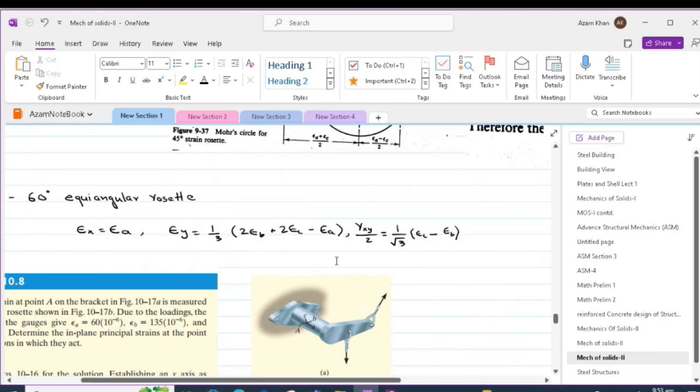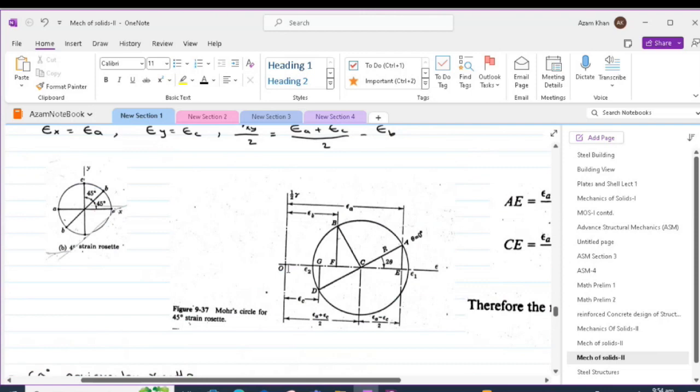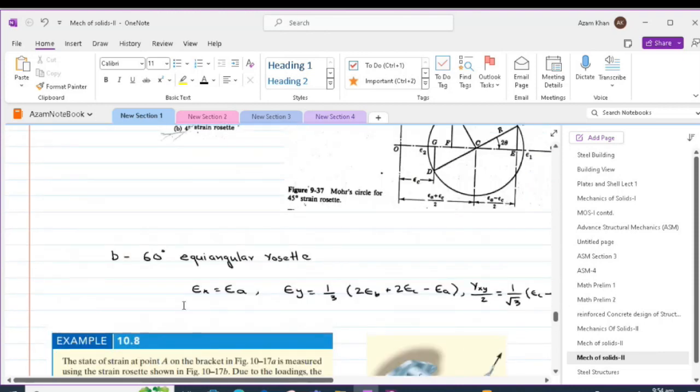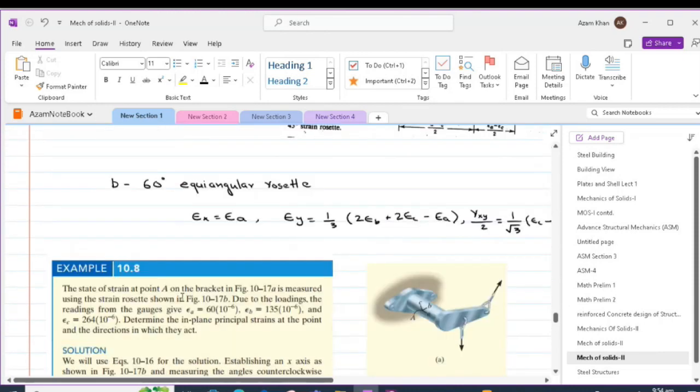From these strains, we can construct the Mohr circle and get the remaining unknowns. Now let us do this example in order to understand the use of these expressions.